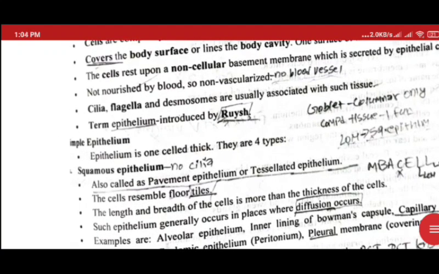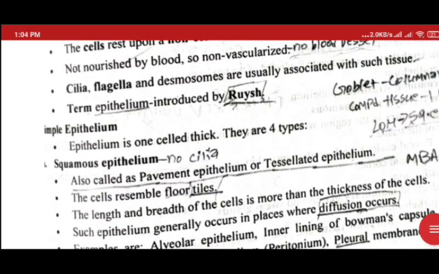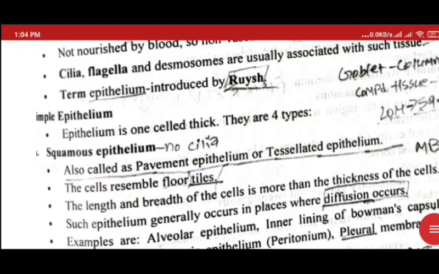So let's get started with simple epithelium. In simple epithelium, first we discuss covering, that is squamous epithelium.